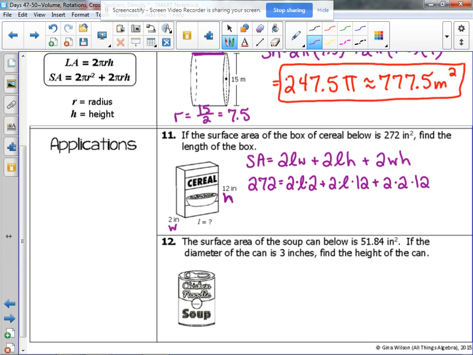We got a whole bunch of stuff there on that right side. Let's clean it up. 2 times L times 2 is 4L. 2 times L times 12, 24L. 2 times 2 times 12, 48. We've got two terms that have the variable L. So 4L plus 24L is 28L.